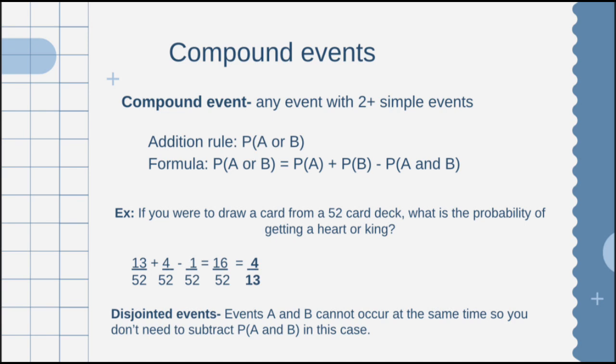And you add 4 over 52, because 4 is the probability of getting a king, which is event B. So that's event A happening plus event B. And then from this, you need to subtract 1 over 52 because of the probability of getting the king of hearts. And this would equal 16 over 52, which then you can simplify to be 4 over 13. And that would be your final answer.